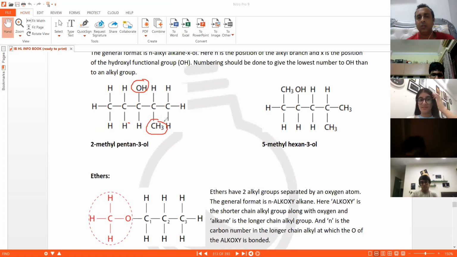So it is pentan-3-ol, 3 because OH is here. I don't care where the branch is. For numbering, the functional group gets the priority.